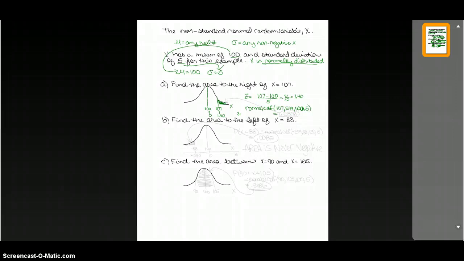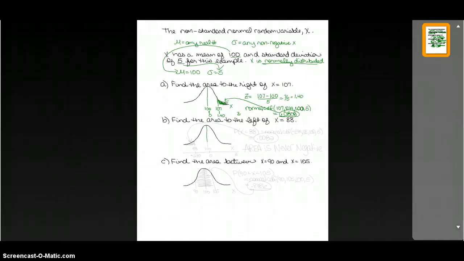I could tell that because my answer did not make sense to me. Okay, this makes a lot more sense. The area that I've shaded is 0.08. When I round, that's what I get. So that area right there is this. And that again would be the same as the probability that x is greater than 107.